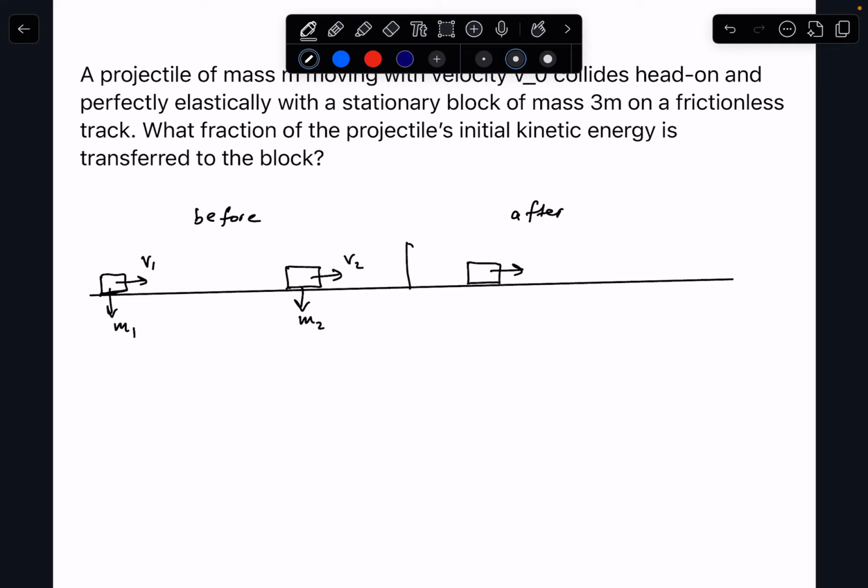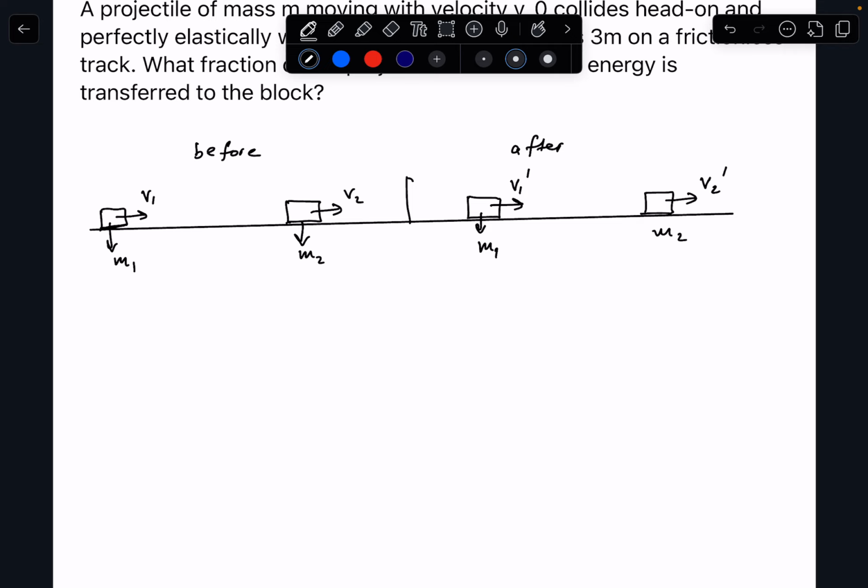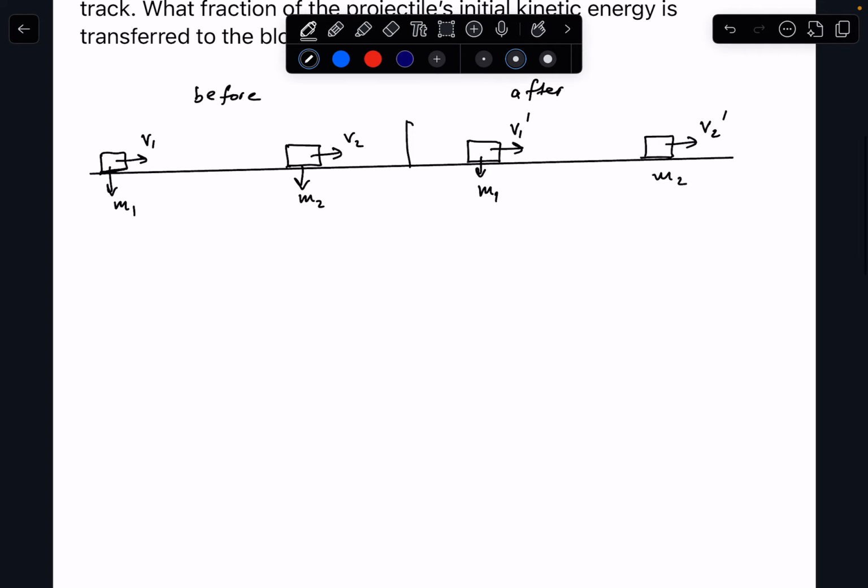After the collision, the velocity of the first body is v1 prime, and the velocity of the second object is v2 prime, and its mass is m2. We will first write the conservation of momentum and energy, which is fundamental here.